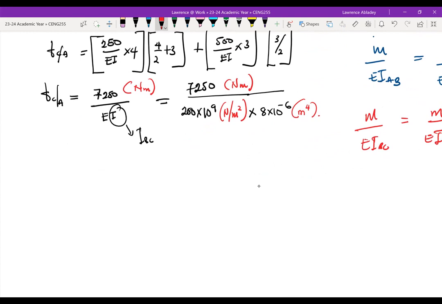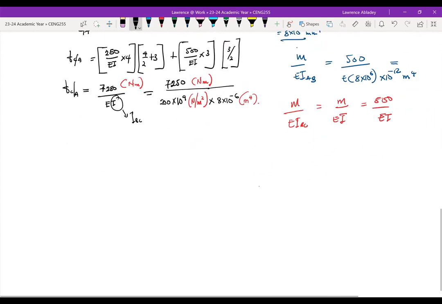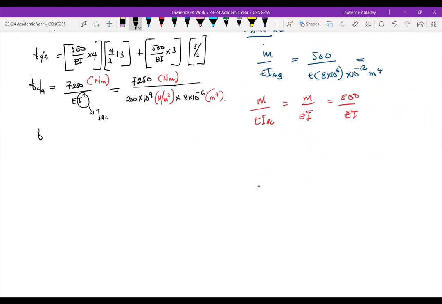So once we have all of that, it means that my TCA, the same as delta C in this particular scenario, will end up being 0.0906 meters, which is the same as 9.06 millimeters.